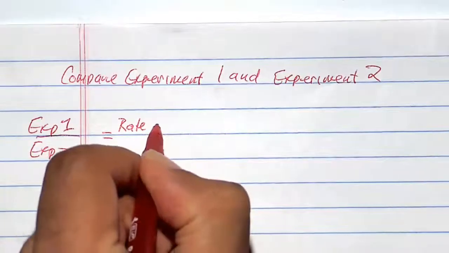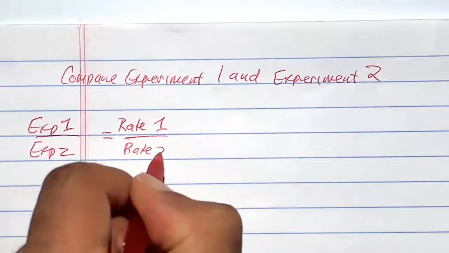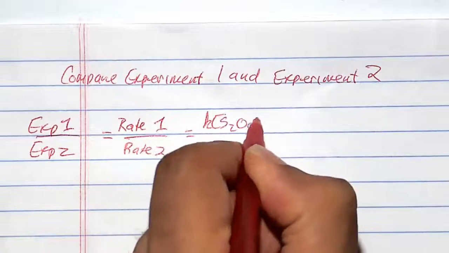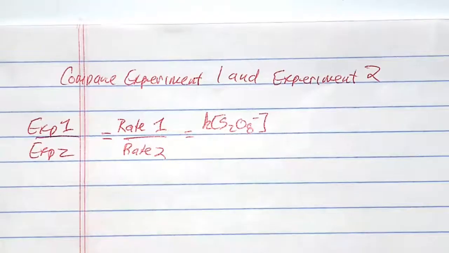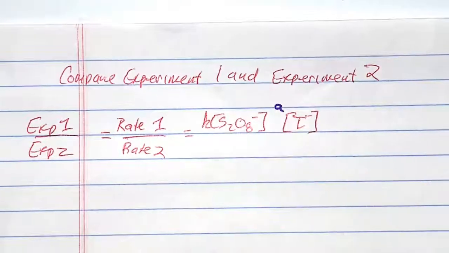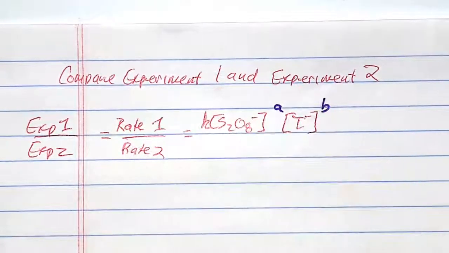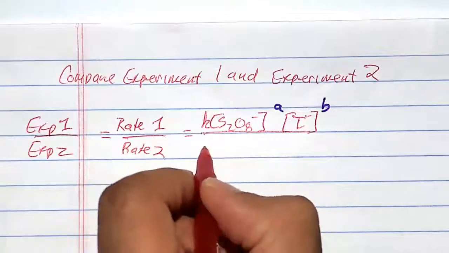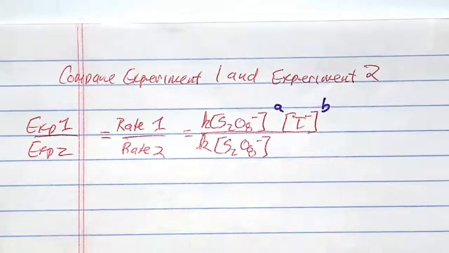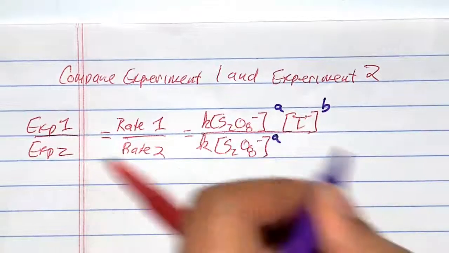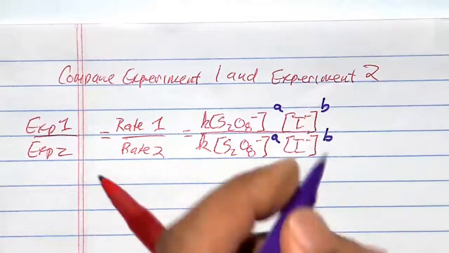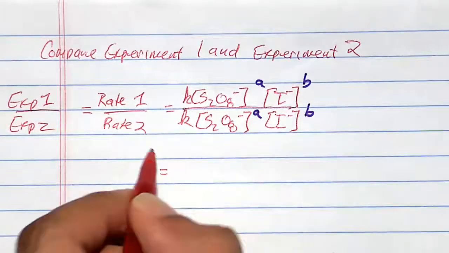Rate 1 over rate 2 is equal to our rate law: K times the S2O8 2- anion raised to its exponent A, times the I- anion raised to the exponent B, divided by rate 2, which is K times S2O8 2- raised to the order A, times I- also raised to its exponent. Now we plug these values in.